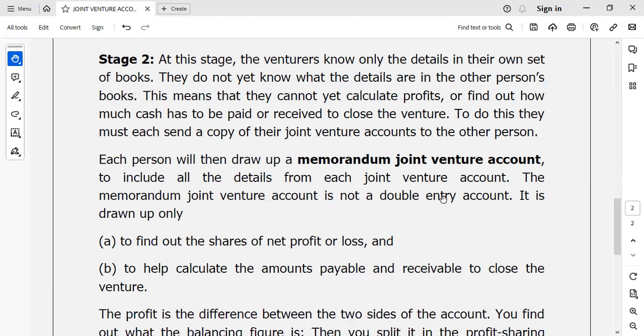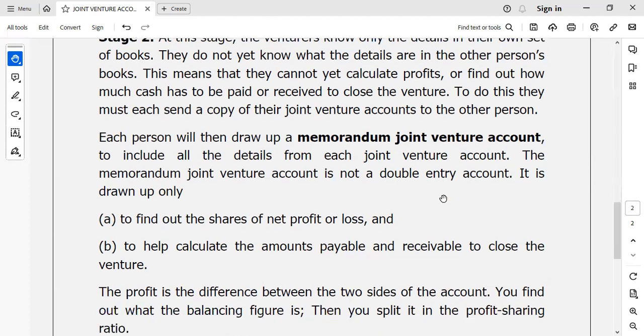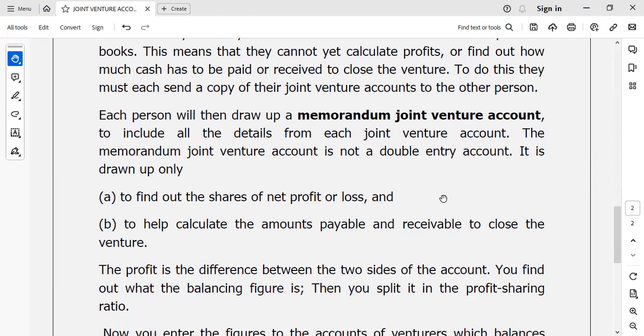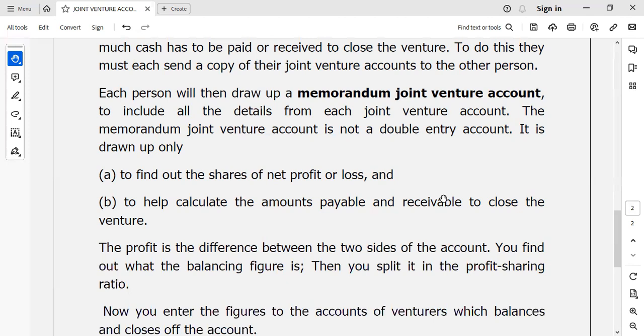The balancing figure in that account is the profit. It can be a profit or loss. So that profit or loss you have to share among the partners, or among the venturers, using their profit or loss sharing ratios.